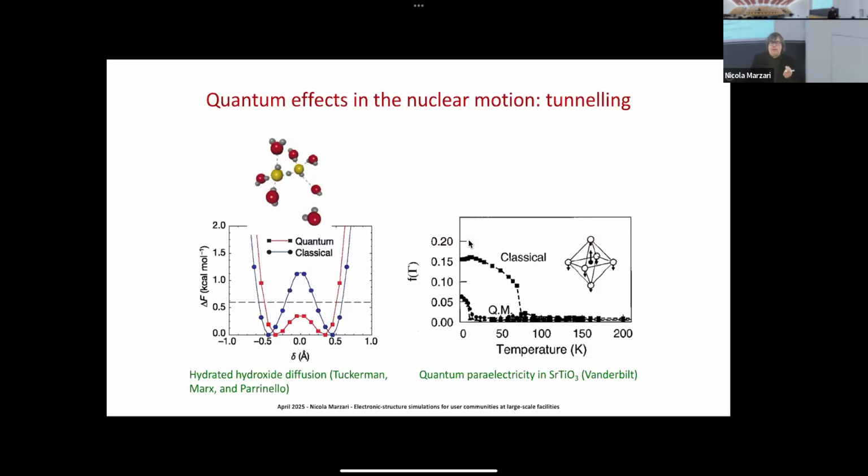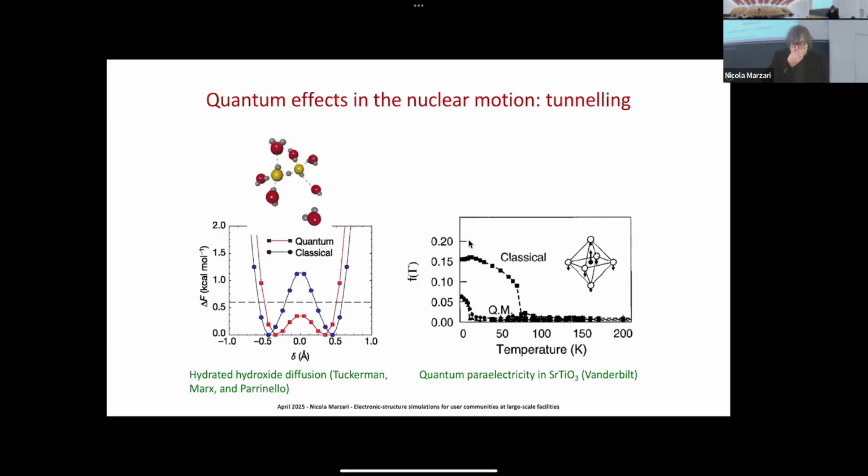But if you go towards very, very light nuclei, like just one proton in a water molecule, there is actually a little bit of quantum character from the proton, and it means that when the proton moves around in water, it tunnels like a wave, and it doesn't hop like a particle. And so the barriers are quite different, and the quantum barrier for the proton to go from one molecule to the other is much lower than the barrier you would have if the proton couldn't tunnel.